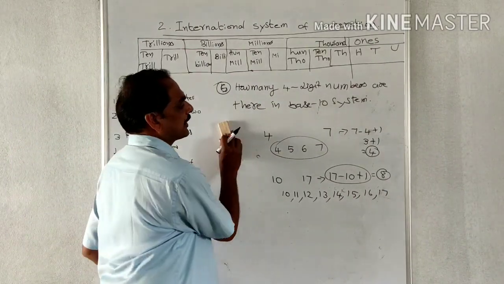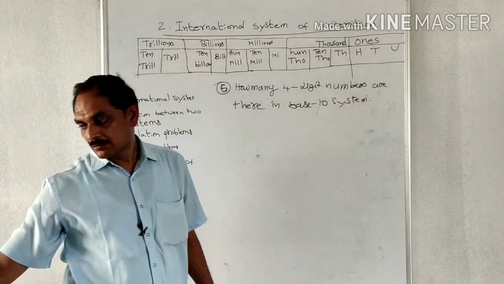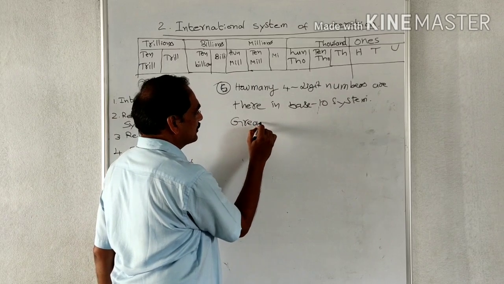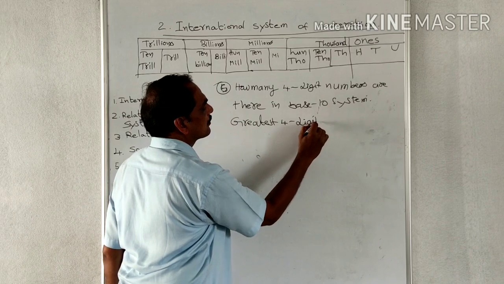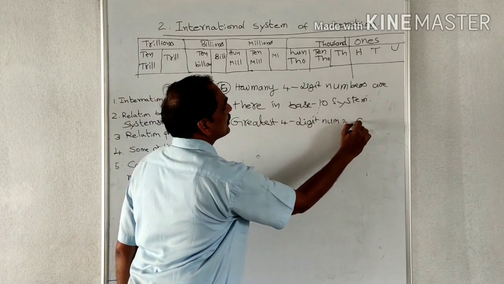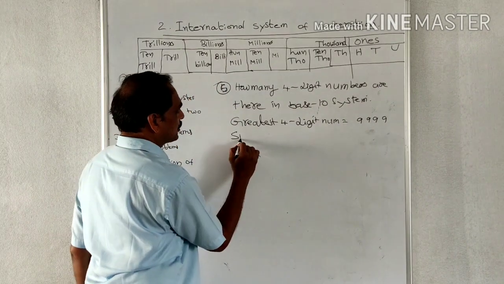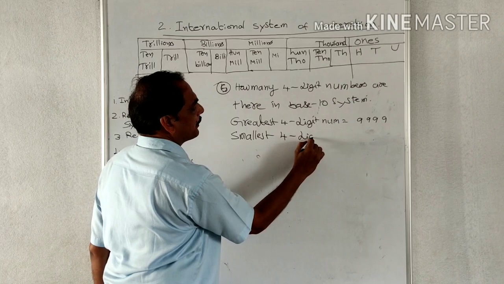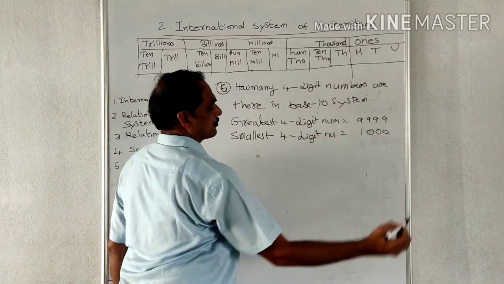First we write the greatest 4 digit number. We know that the greatest 4 digit number is 9999 and the smallest 4 digit number is 1000.